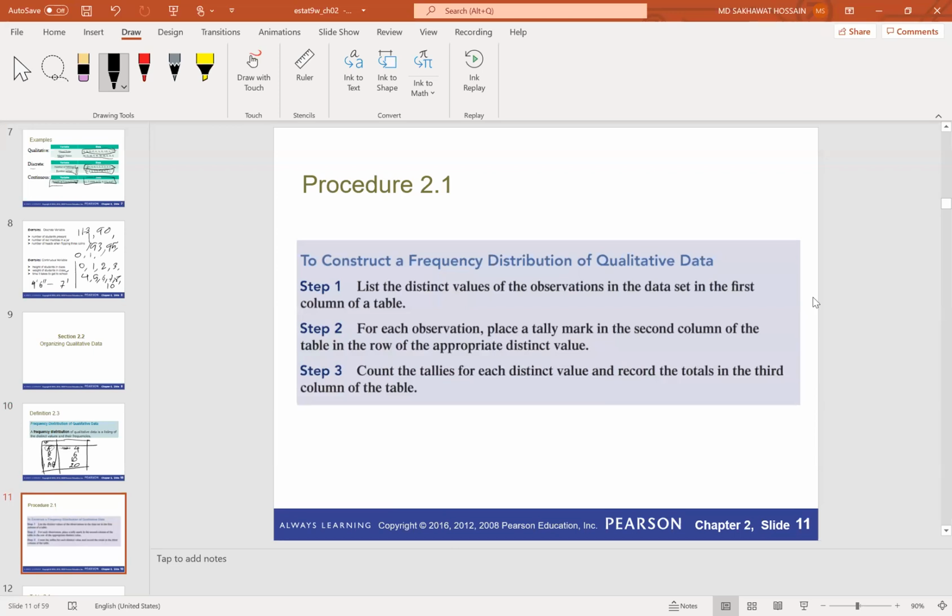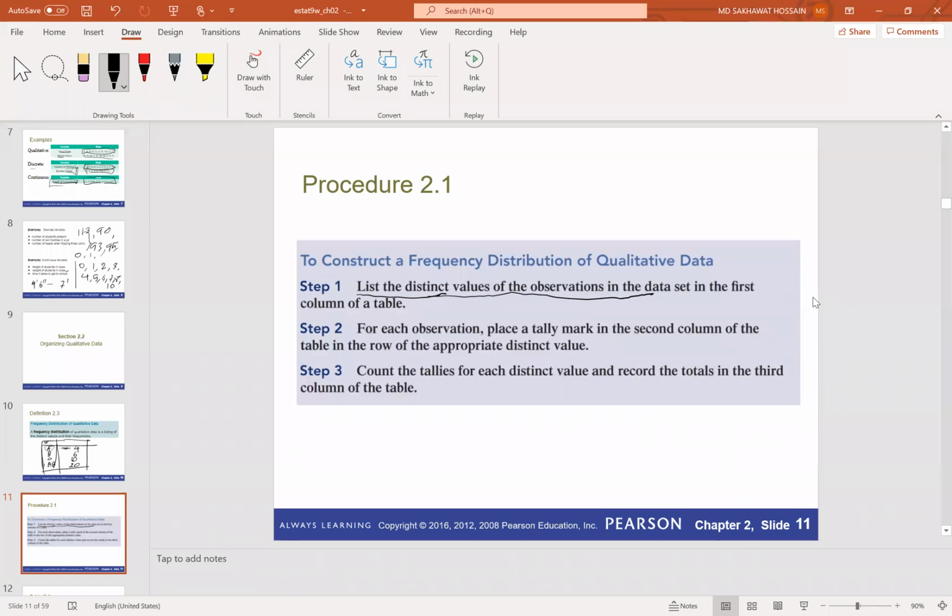To construct a frequency distribution of qualitative data, first list the distinct values of the observations in the data. In the first column, you will list the distinct values. In the previous example, we listed A, B, AB, O, right?